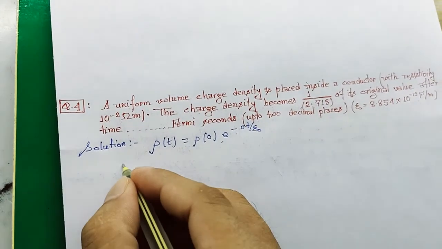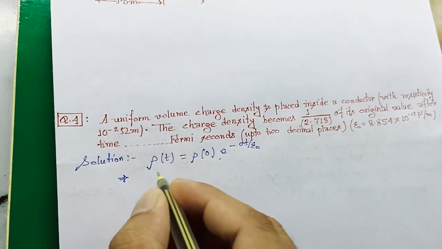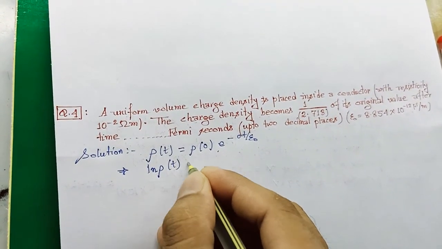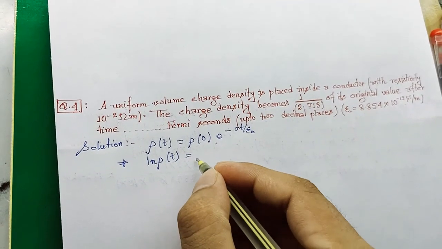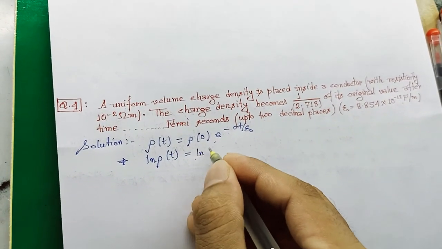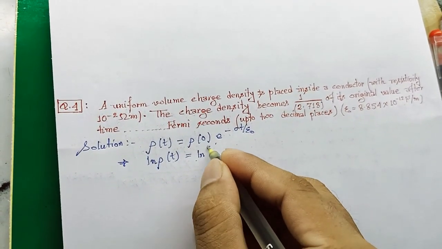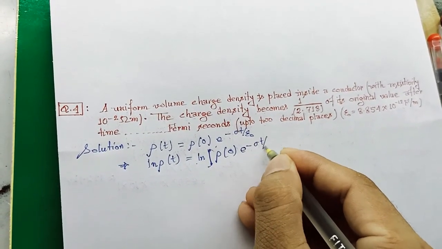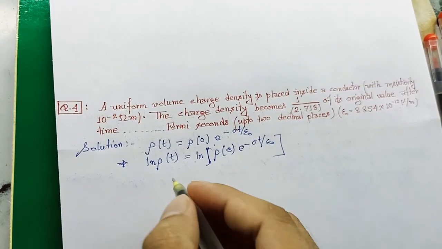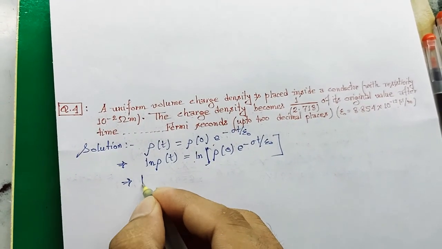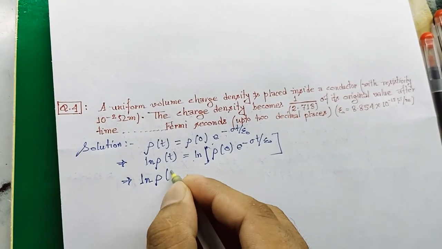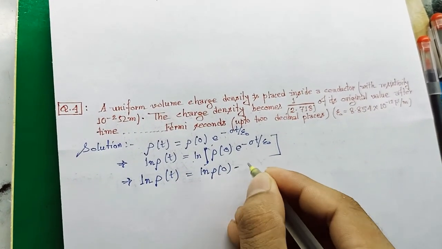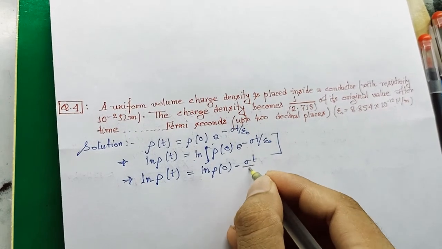If we take logarithm both sides, then we'll get log rho of t will be equal to log of rho 0 into e to the power minus sigma t divided by epsilon naught. Therefore we can write log rho of t equal to log rho 0 minus sigma t divided by epsilon naught.